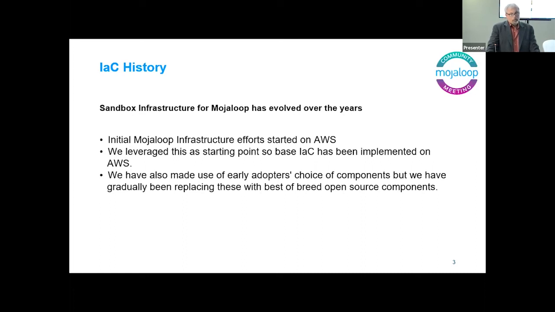But we have been looking always to being cloud agnostic in our efforts. So we've taken AWS as the starting point. We've also taken the original choice of components. WSO2 is the elephant in the room from my perspective. But we've gradually been replacing these with best of breed open source components.